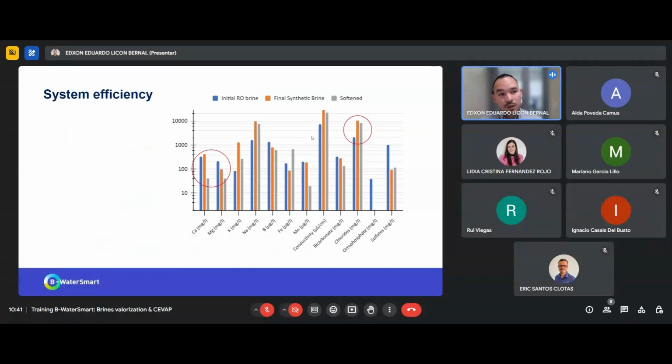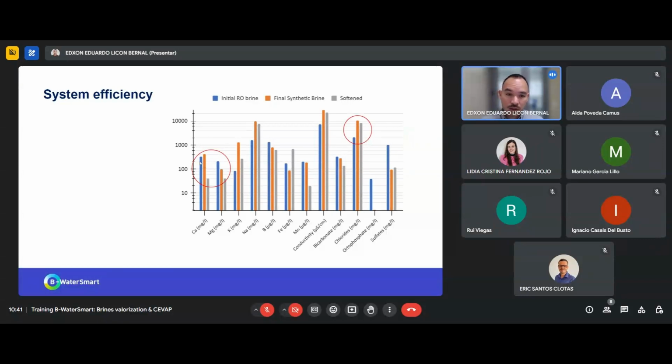So if we look into overall system efficiency, I have highlighted a couple of points. This is the calcium and magnesium that is passing through: this is the inlet RO brine that we are using from the wastewater treatment facility, the regeneration unit, I mean the tertiary treatment. Then the final synthetic brine that was concentrated due to the electrodialysis, and then ultimately the softener product.